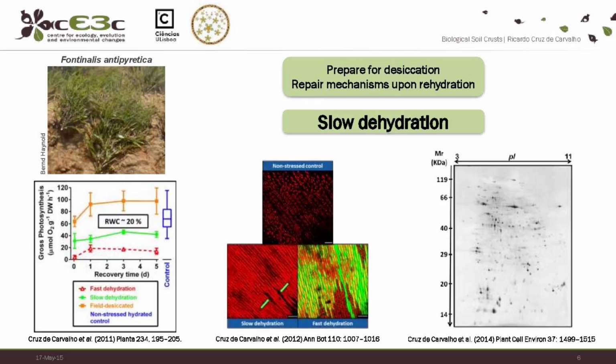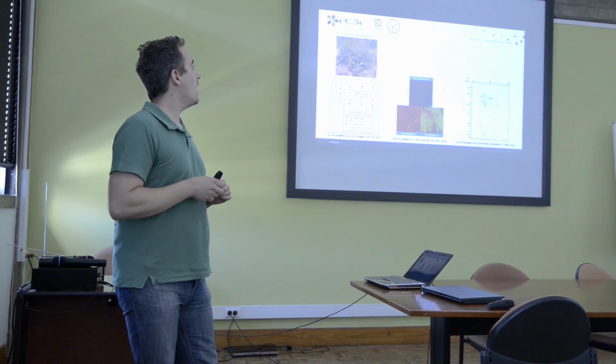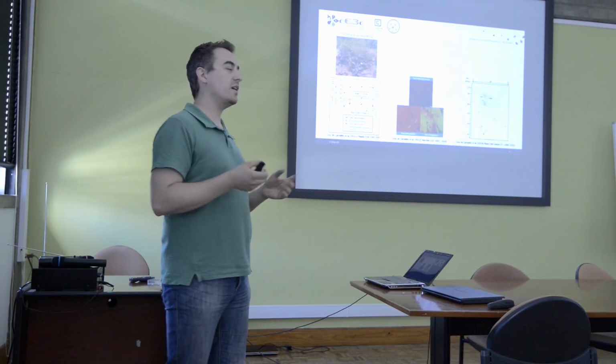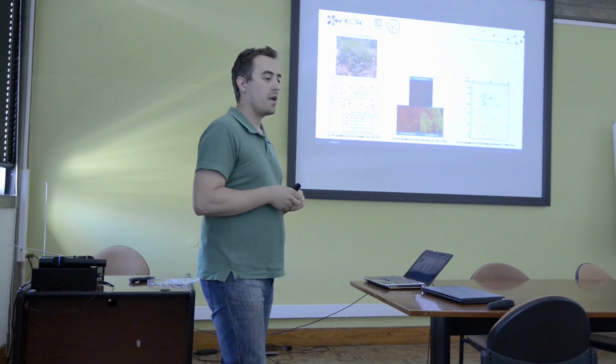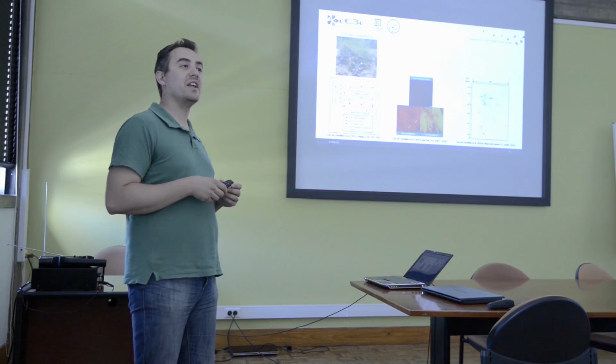In the summer, when the streams are very low, there is no water, the bryophyte was completely dried. And when the first rains came in September, October, it resumed its function.